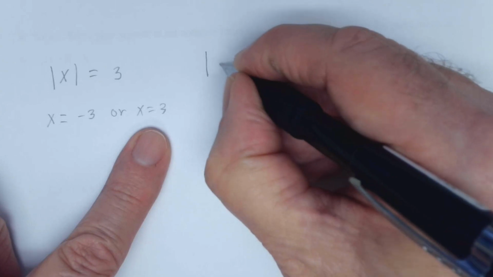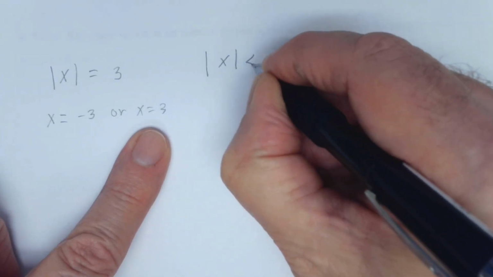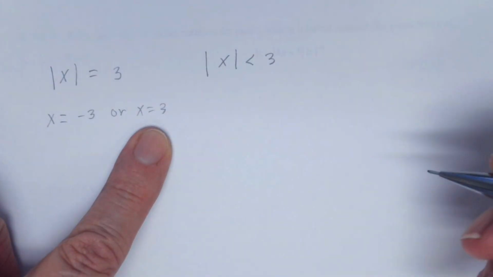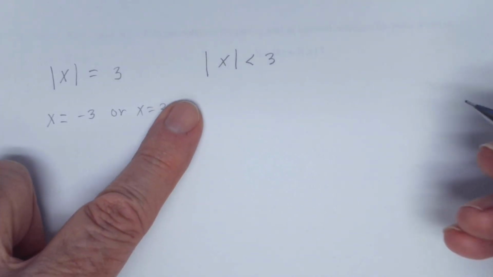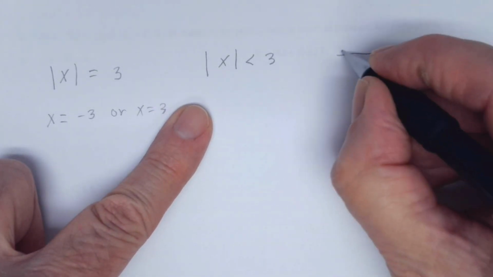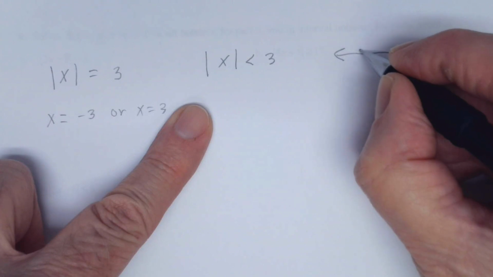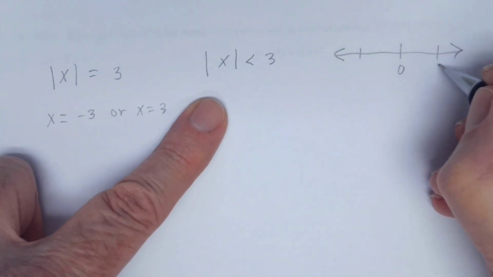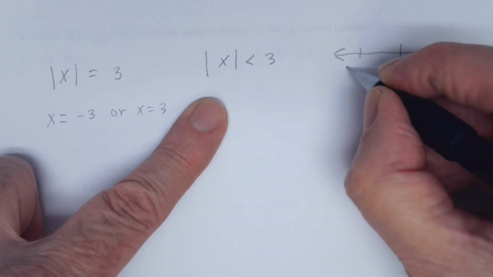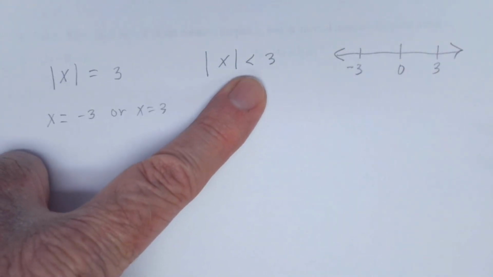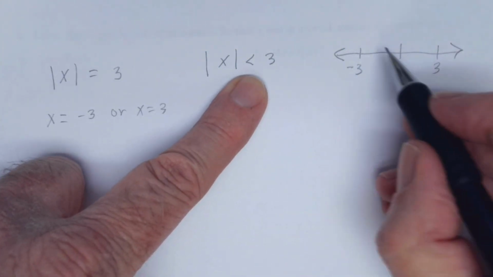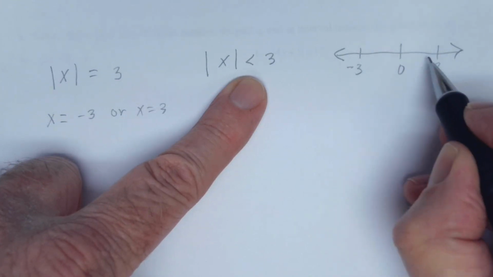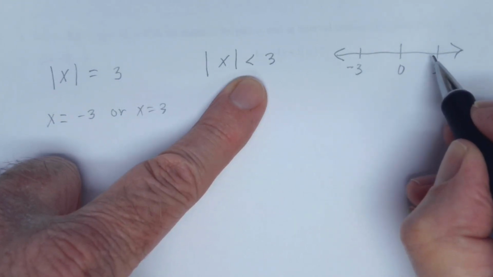What if we have the absolute value of x is less than 3? Well, basically what we're saying here is the distance from 0 to x is less than 3 units. So I'm looking for the numbers on here that are less than 3 away from 0.